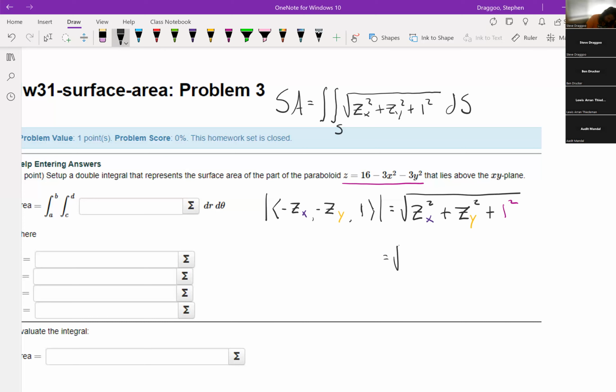Yeah, let's try again. Z partial x, that's going to be negative 6x squared plus z partial y, that'll be negative 6y squared plus 1.